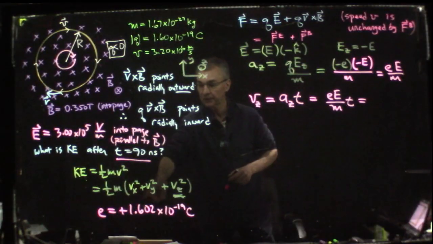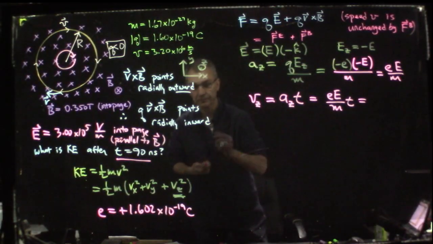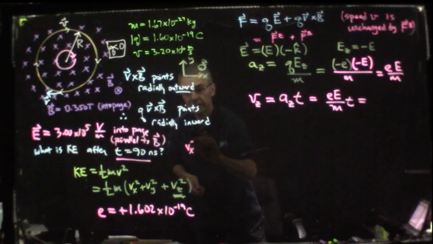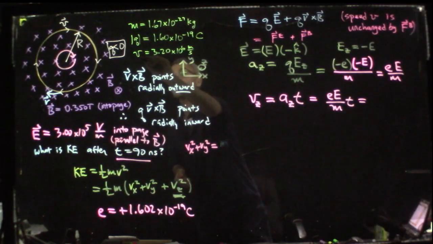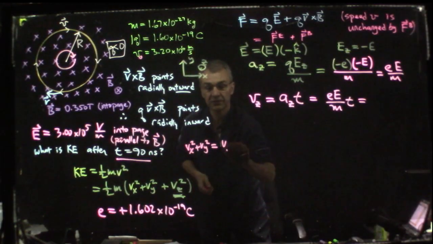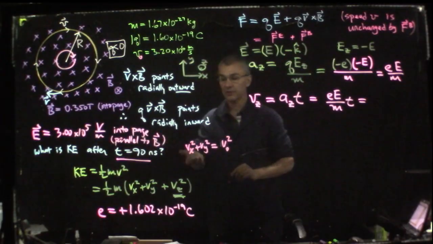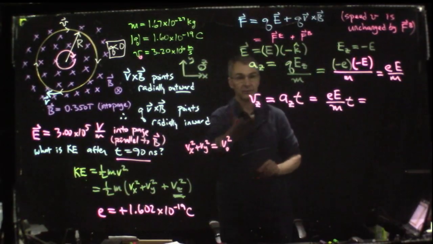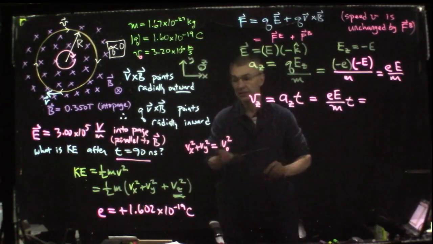So Vx squared plus Vy squared just equals V0 squared from the start of the problem. And then we're going to have this additional Vz.